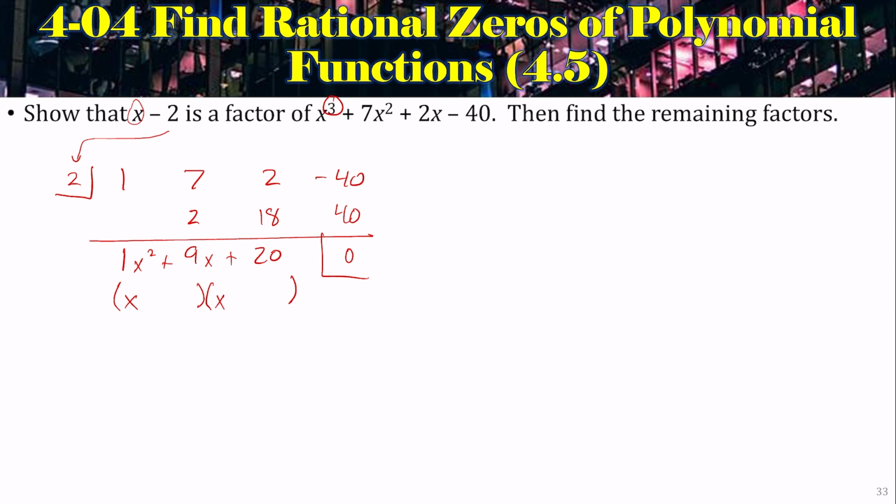To get 20 might be 4 times 5, which in fact adds up to make 9. So, completely factored, it's x minus 2, which they gave us up here, and then x plus 4 and x plus 5. There, we have factored it.